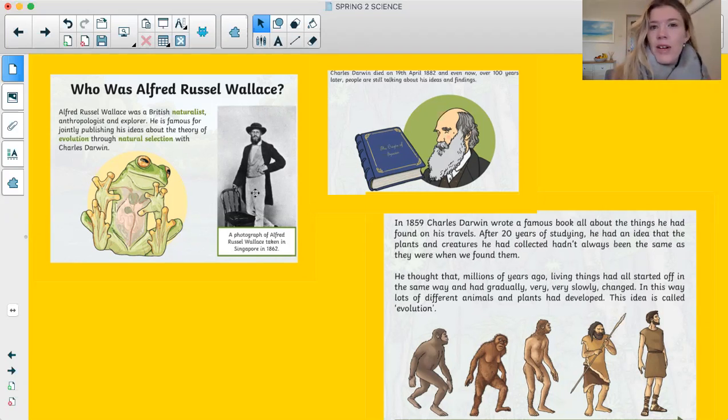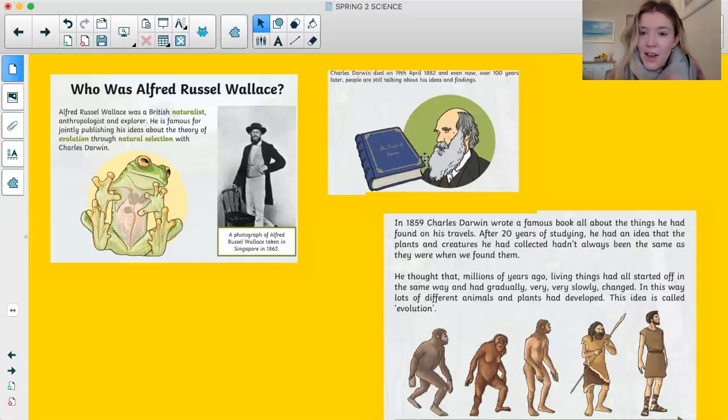So today it would be really nice for you to learn more about him and what he found. Charles Darwin died in 1882, and even now, people still talk about his ideas. When we talk about evolution, often the first scientist people think of is the explorer Charles Darwin. Today, hopefully, we're going to break down those boundaries and help you realise that it was more than just him who had these ideas.